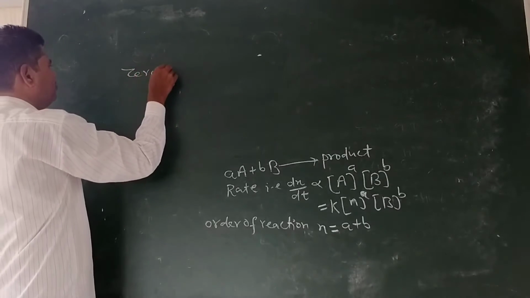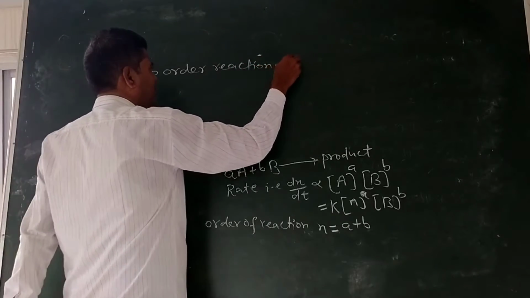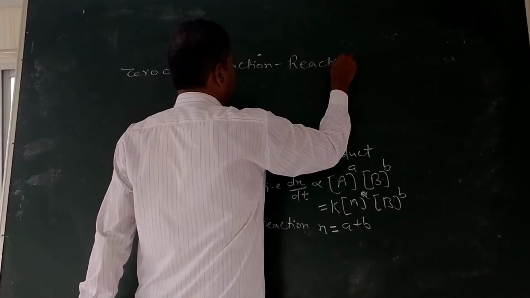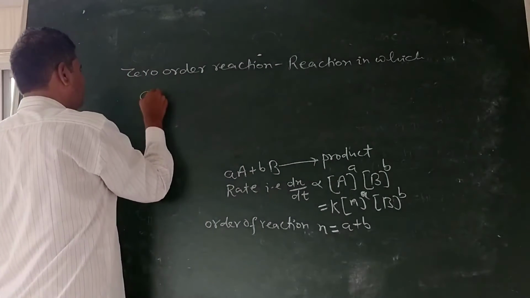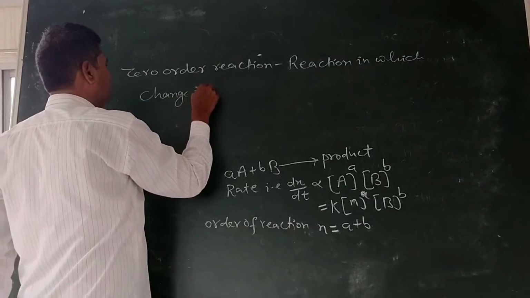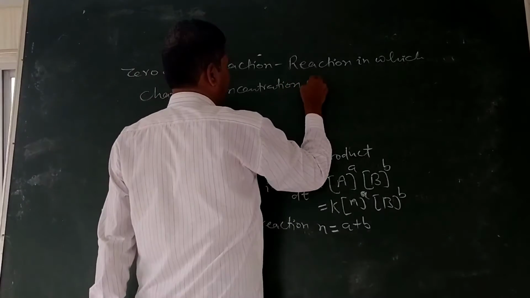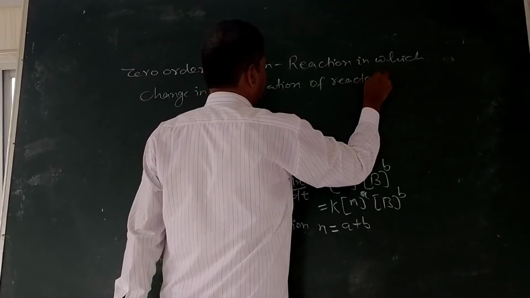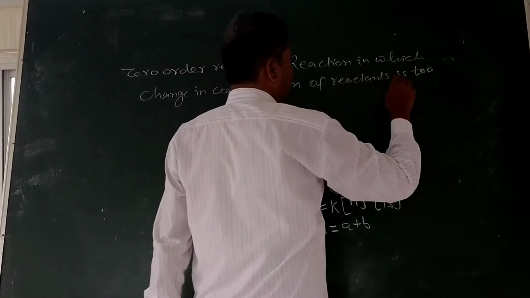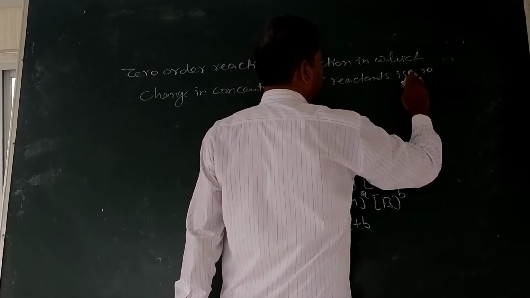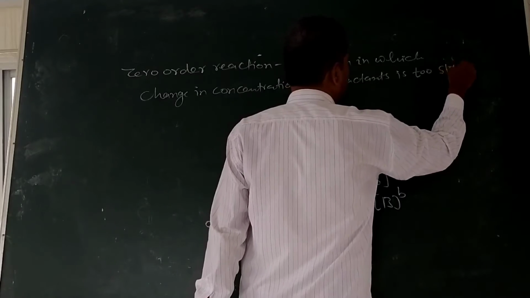Zero order reaction. A reaction in which the change in concentration of reactant is too much, constant is too slow, that is very slow.